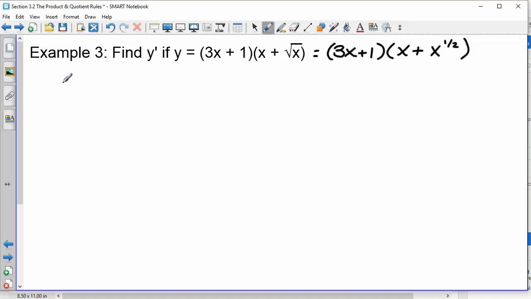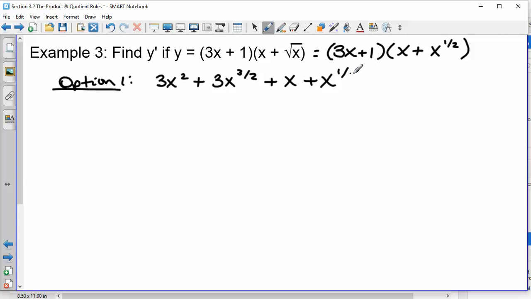Okay, let's work out both ways. So option one, like we did yesterday, if I FOILed, we would get 3x squared plus 3x times x to the 1/2, you add exponents, so 3x to the 3/2 plus x to the 1/2.